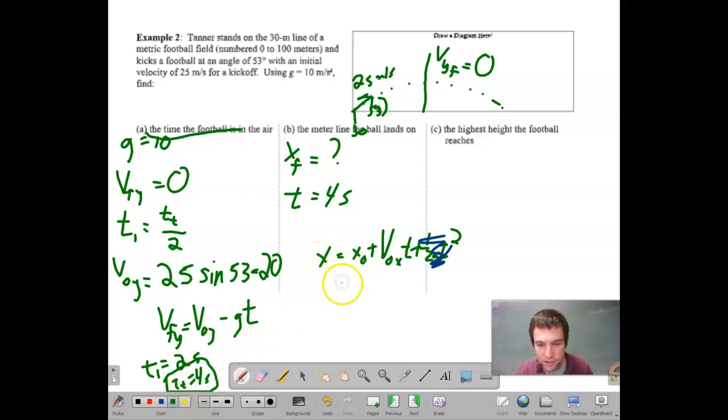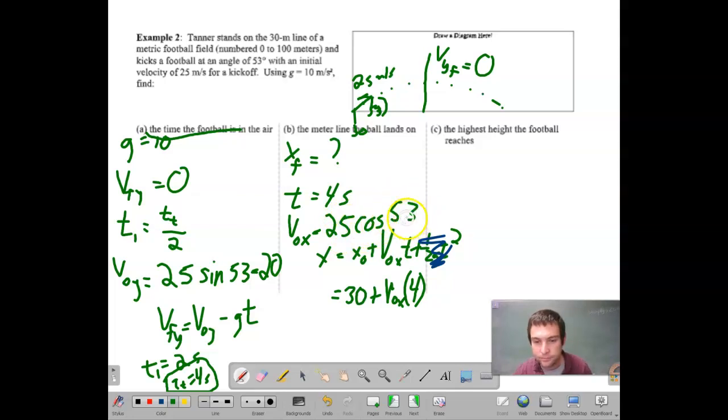Our final position equals the initial position, which was the 30-meter mark, plus initial velocity in the x times t, which is 4 seconds. The initial velocity in the x can be found by resolving this 25 meter per second vector into its components. And we're going to do that the same way: magnitude, cosine, because we're on the x, 53. And that equals 15.